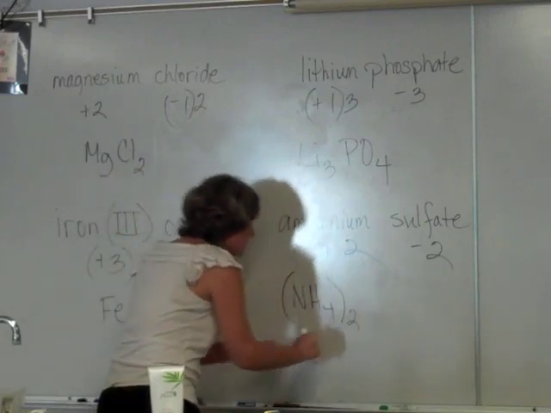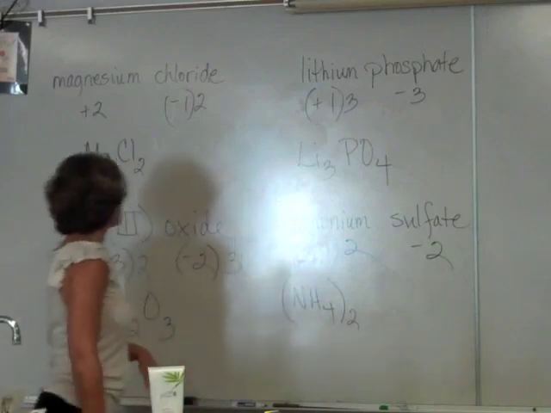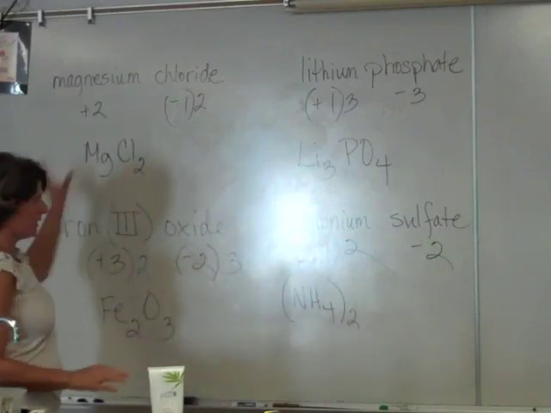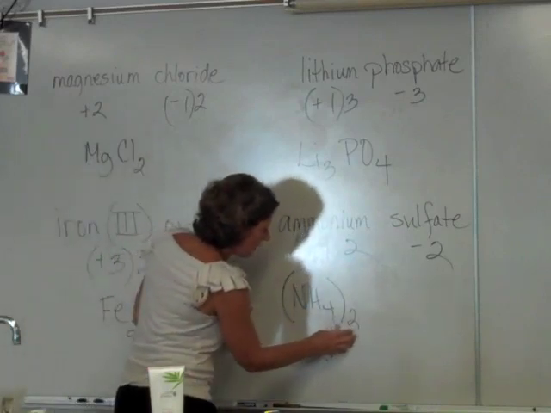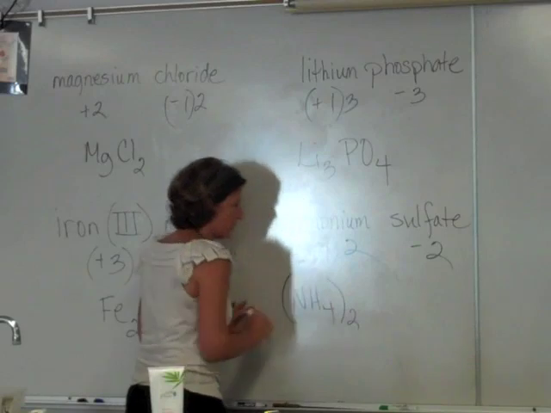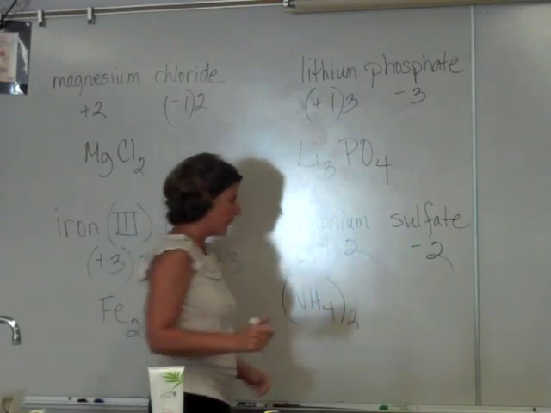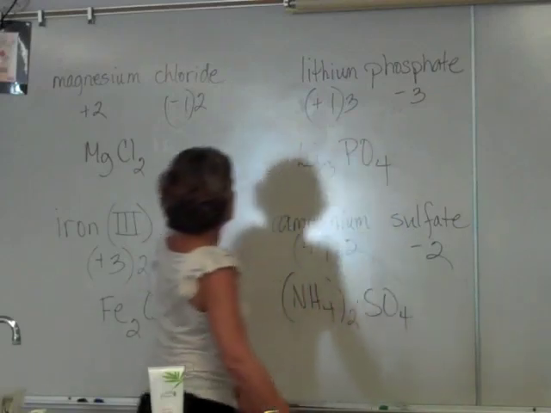So I'm going to use parentheses when I have something polyatomic that I need more than one of. I need 2 whole ammoniums and then sulfate, SO4.